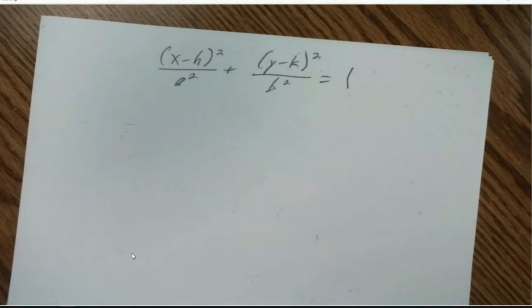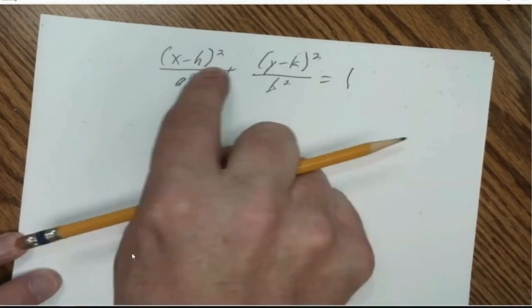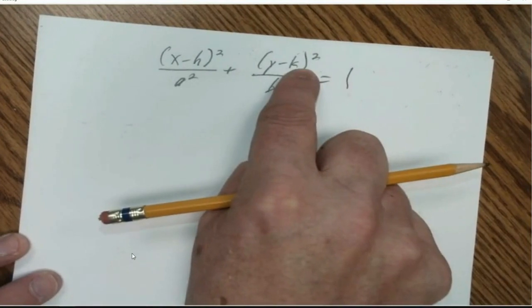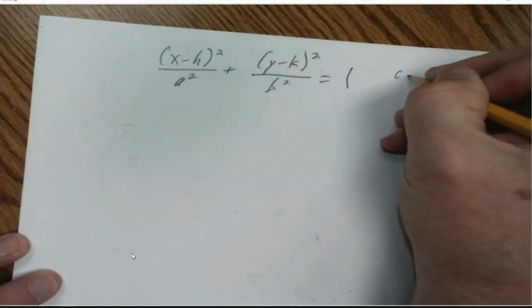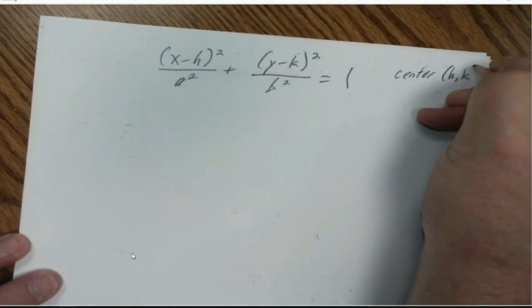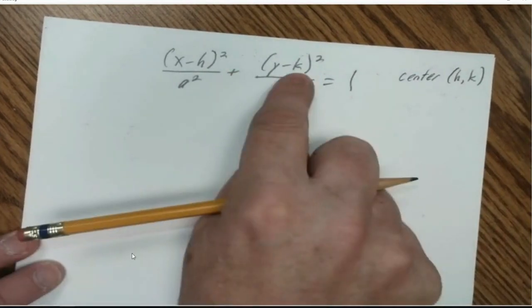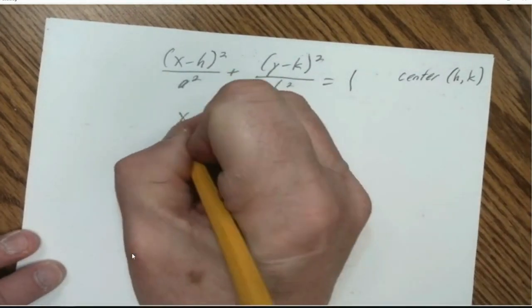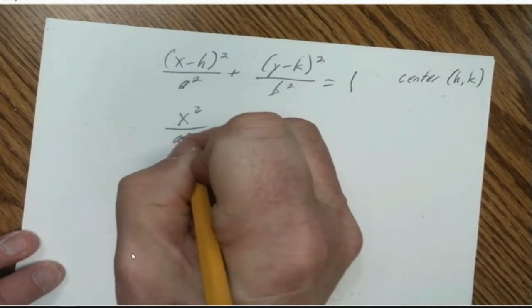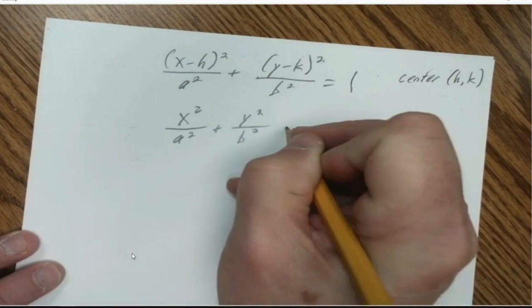This is a standard equation, and the center this time is h, k. That's the center of your ellipse. So if it's centered on the origin, this gets simpler because these are zeros. So then it's just x squared over a squared plus y squared over b squared equals 1.